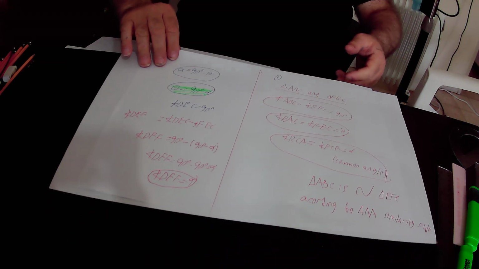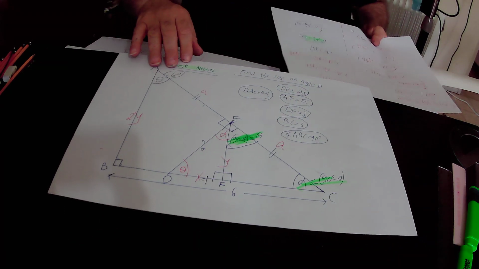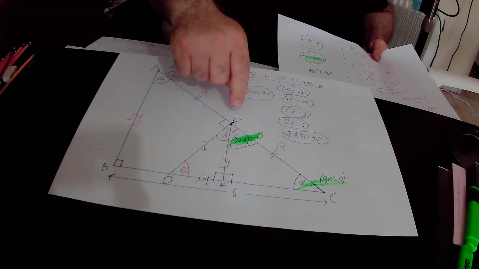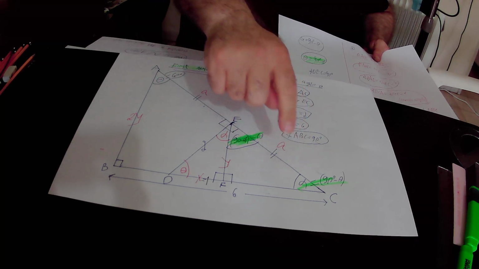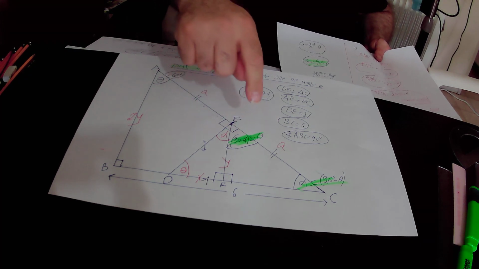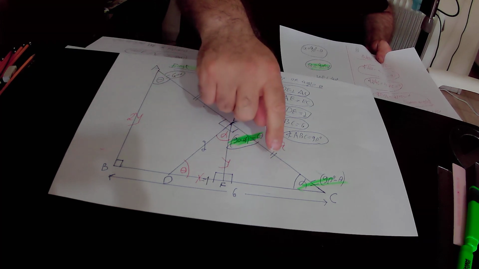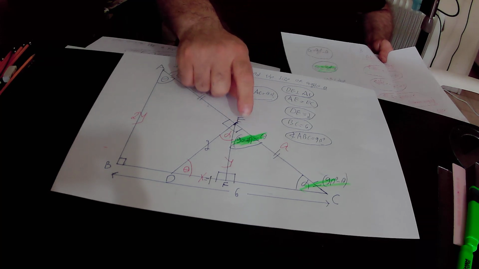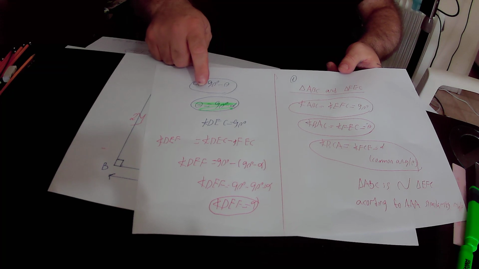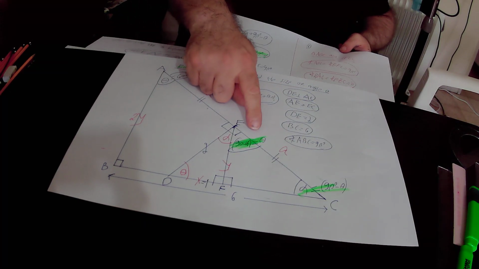So in the right triangle EFC, this angle equals alpha, this angle equals 90, so this angle must be equal to 90 degrees minus alpha in order to complete the sum of the angles in this right triangle to 180 degrees. But 90 degrees minus alpha is theta, so we can write down that this is equal to theta.